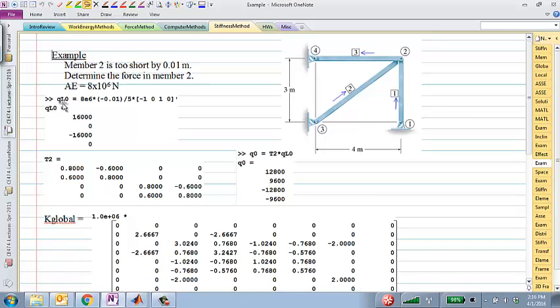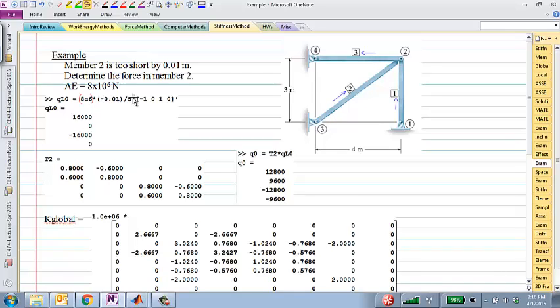Those initial forces is what I'm calling QL0, which is equal to AE over L, 8E6. So just in case you haven't noticed, in Matlab, 8E6 is how we represent 8 times 10 to the power 6, times delta L. So this is AE times delta L divided by 5, which is the length of this member.